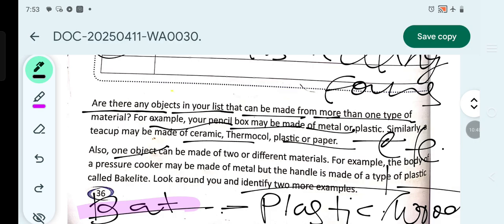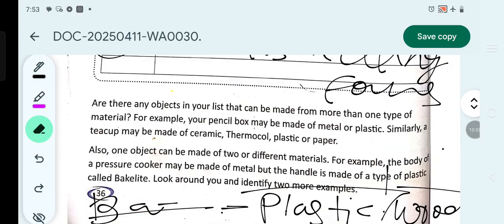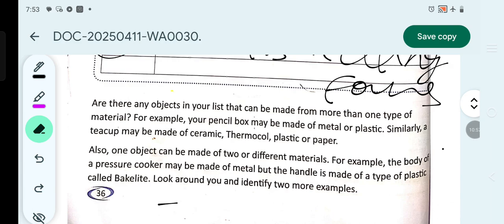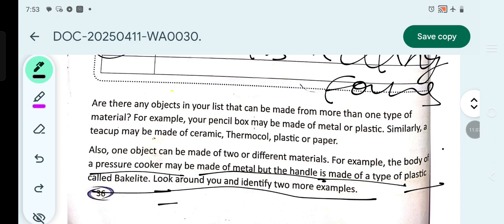That's what it's trying to say, that a thing can be made by one or more types of materials. For example, a pressure cooker may be made up of metal, but the handle is made up of plastic. It's called bakelite. Look around you and identify two more examples.